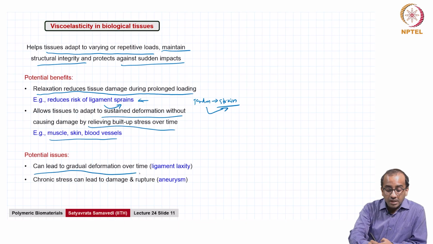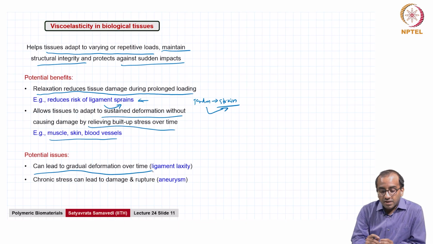For example, you can have extensive creep in ligaments, or gradual deformation over time leading to creep, resulting in ligament laxity.